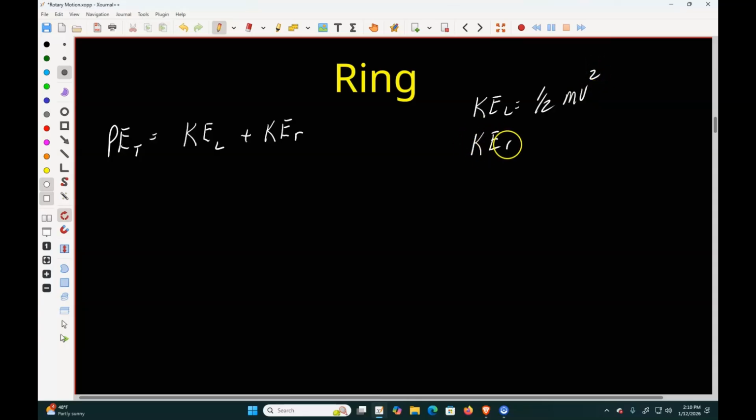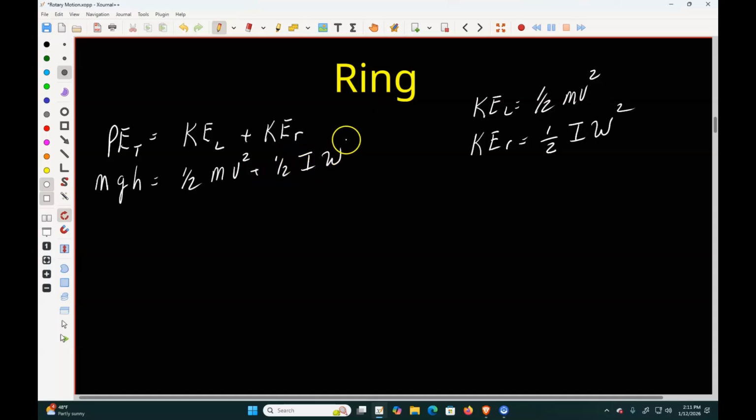Kinetic energy of rotation is equal to 1/2 I omega squared. So potential energy at the top is mass times gravity times height. It's equal to 1/2 mass times linear velocity squared plus 1/2 I omega squared.